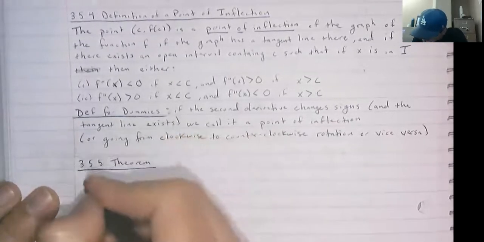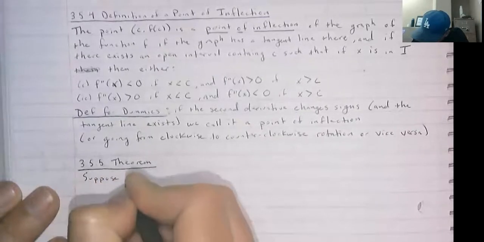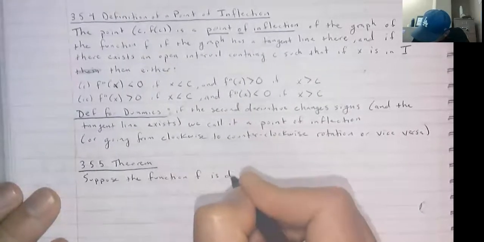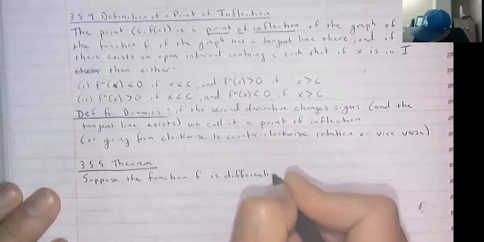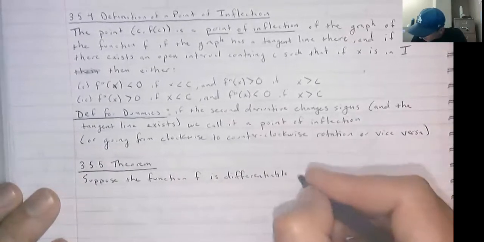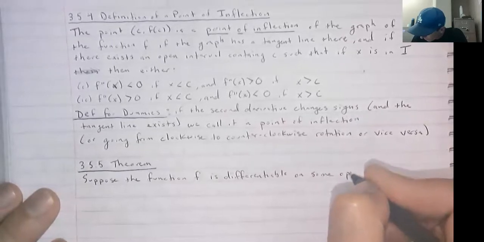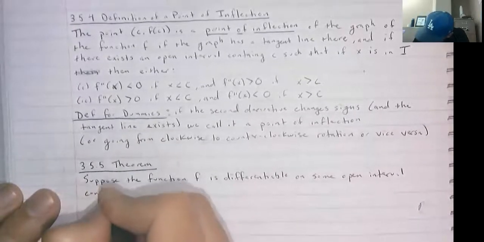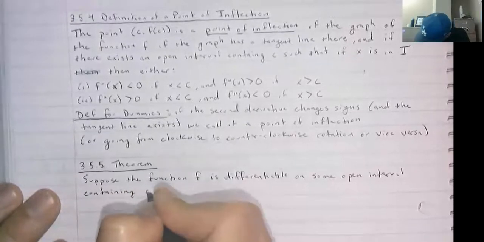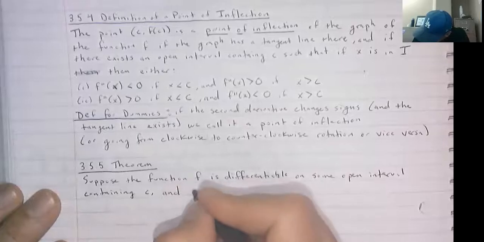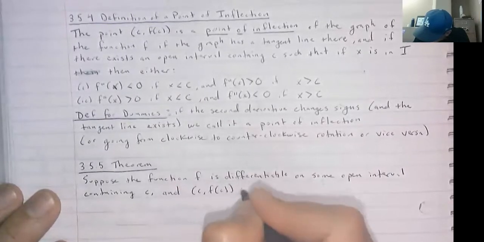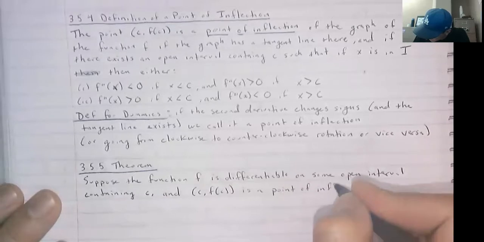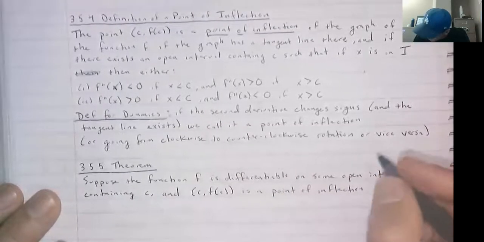And what it says is, suppose the function f is differentiable on some open interval containing C, and the point C, f of C, is a point of inflection of the graph of f.